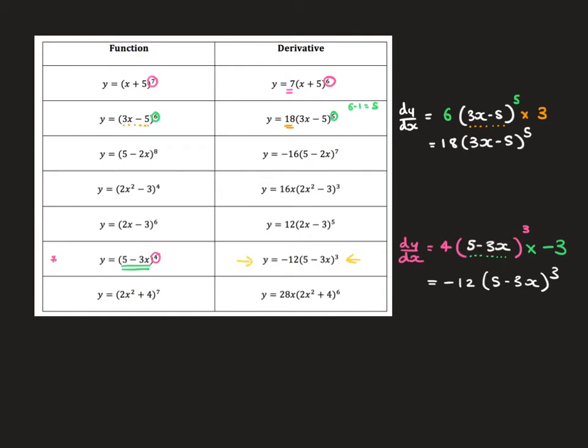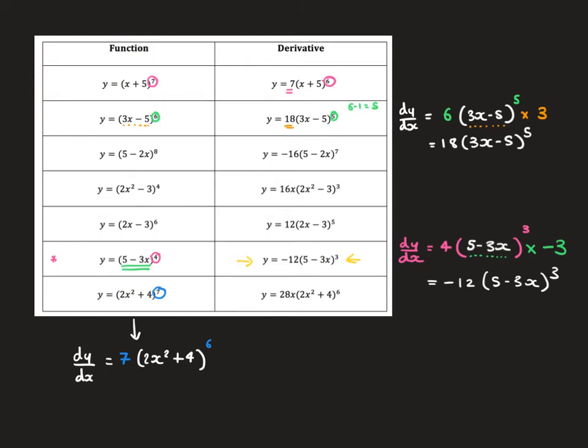Let's look at the final example and see if the same thing happens here, so this question here. So dy by dx, well, let's start with the original power, which is 7. So we multiply by 7 and drop the power down to 6.